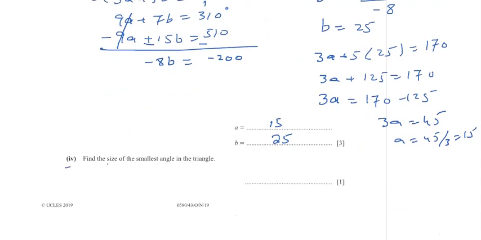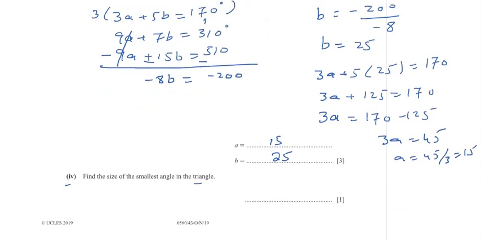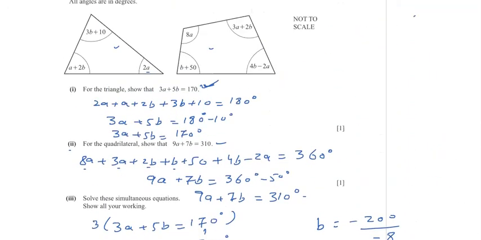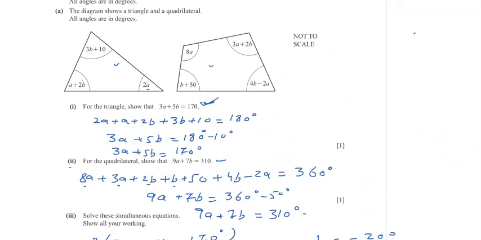Then number 4 is saying find the size of the smallest angle in the triangle. Now we have the value of a and the value of b. Look at the triangle. The angle opposite to the smallest side will be the smallest. As this side is smallest, its opposite angle will be smallest. It means this angle is going to be smallest.